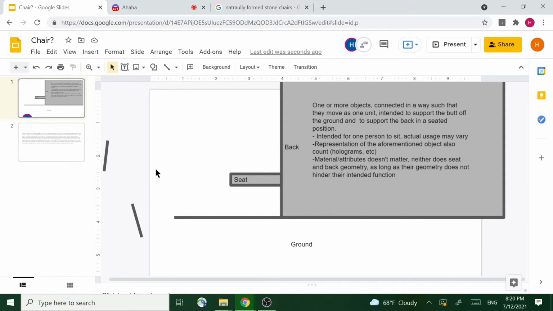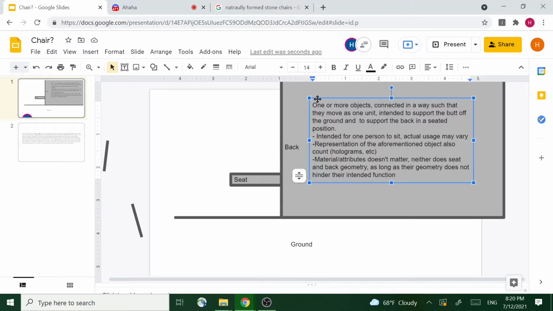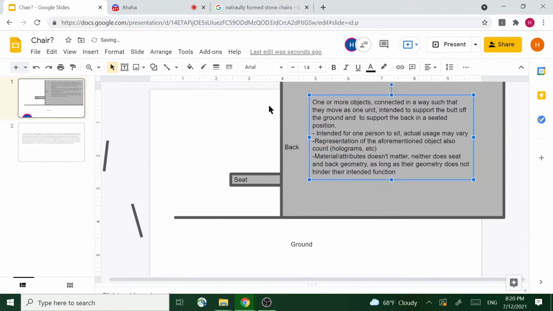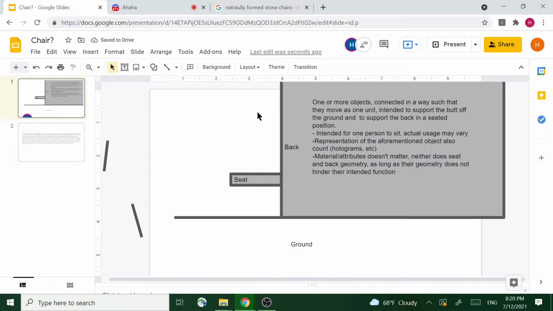Does the chair need to be constrained? Like the armrest constrains the size of a chair, right?